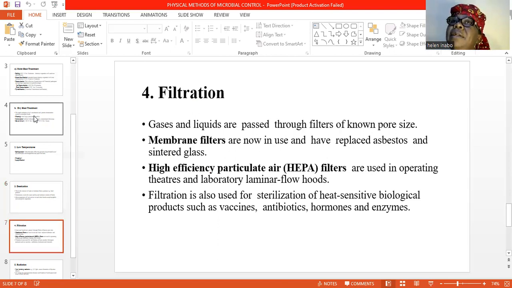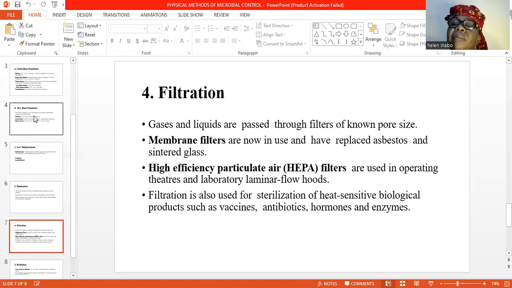Filtration is another physical method which can be used in microbial control. There are several heat-sensitive biological products such as vaccines, antibiotics, hormones, and enzymes that cannot survive heat treatment.